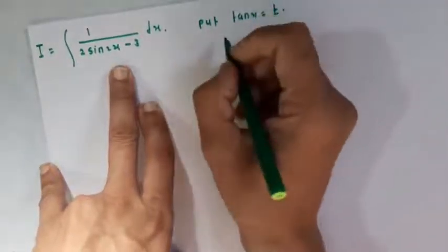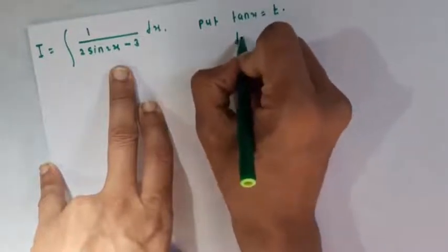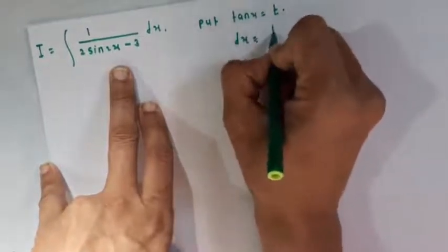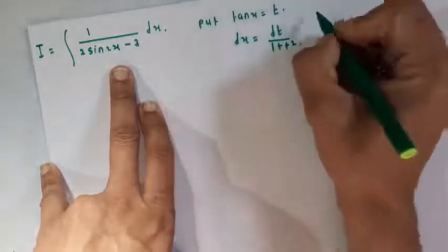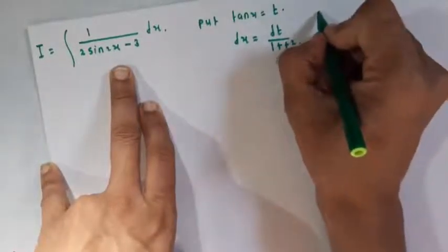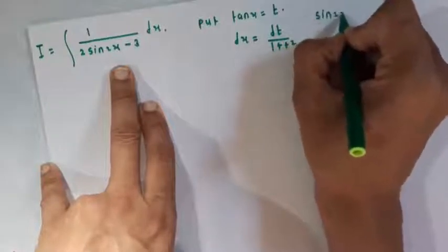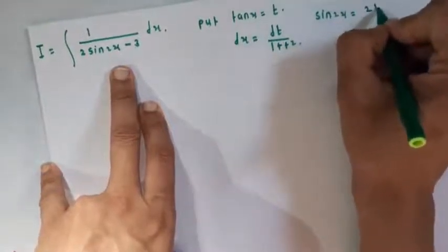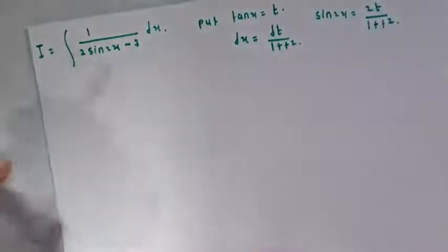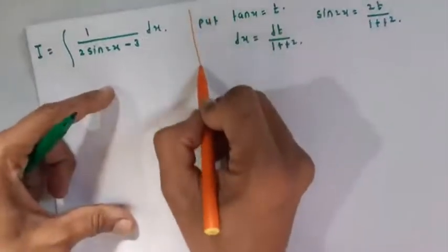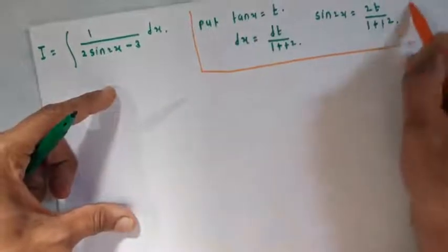For this substitution we get the value of dx equal to dt upon 1 plus t square, and the value of sine of 2x equal to 2t upon 1 plus t square. Okay, so by using all these we can solve the integral.